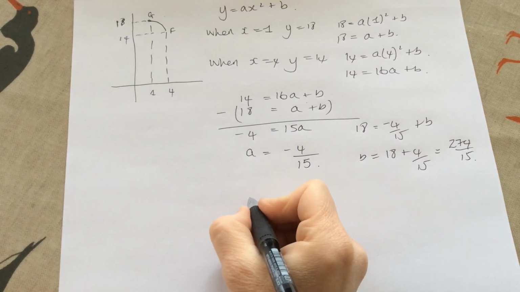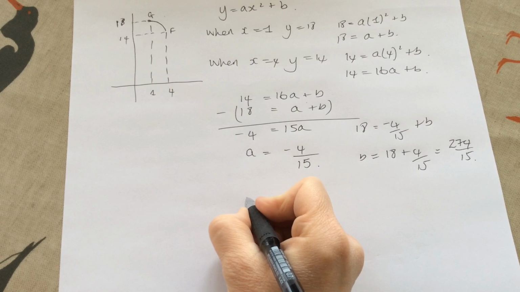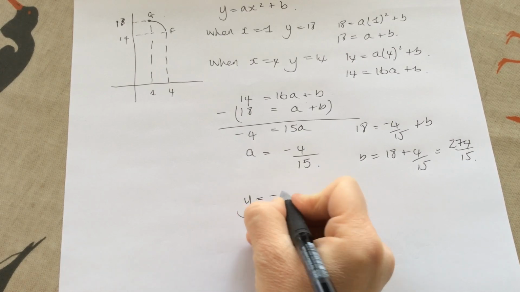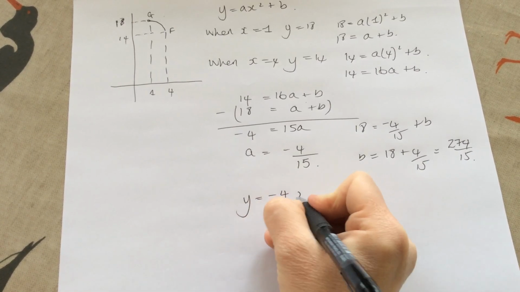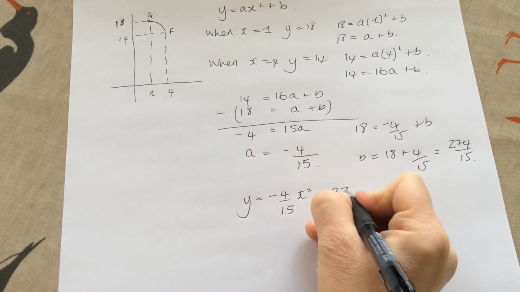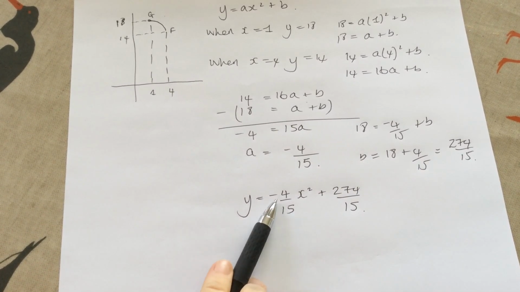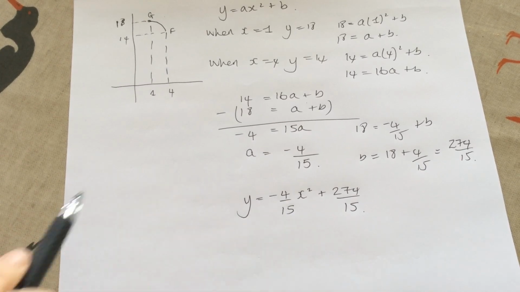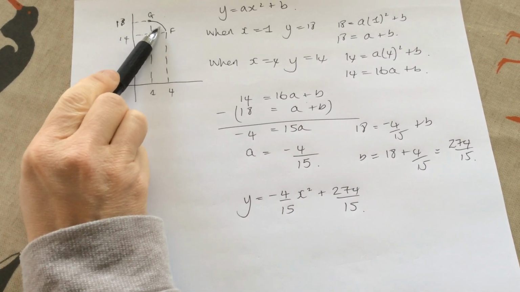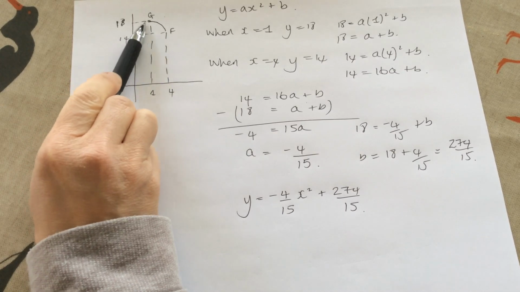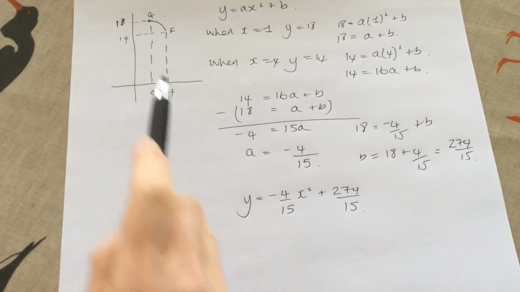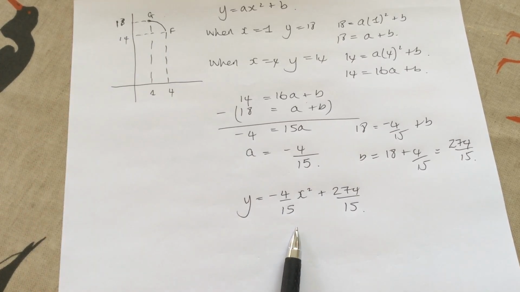And that gives me an equation which is y equals minus 4 over 15 x squared plus 274 over 15. And it makes perfect sense that we've got a negative coefficient here, because my graph looks like an upside down x squared, doesn't it? So it must have a negative coefficient there.